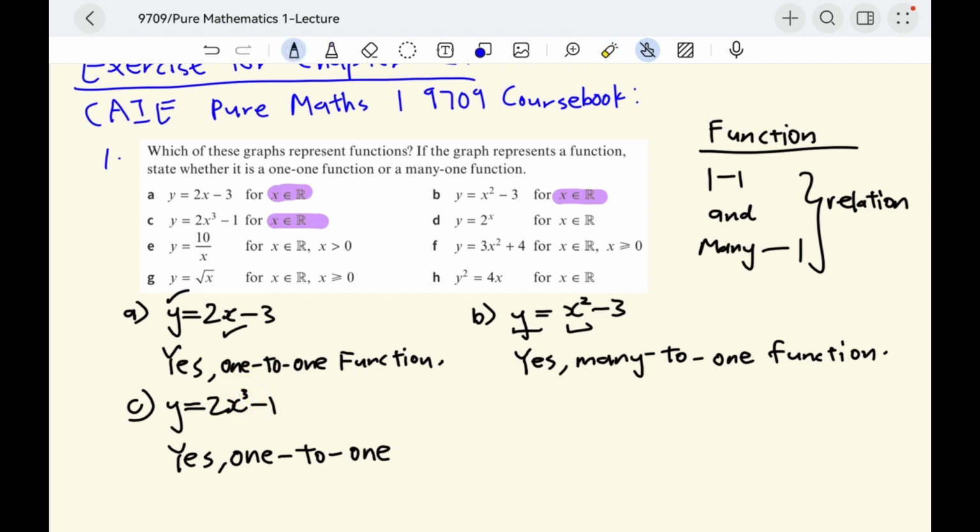Here is your cubic function, and when you do the vertical line test, it always has one solution, so it is a one-to-one relation function.